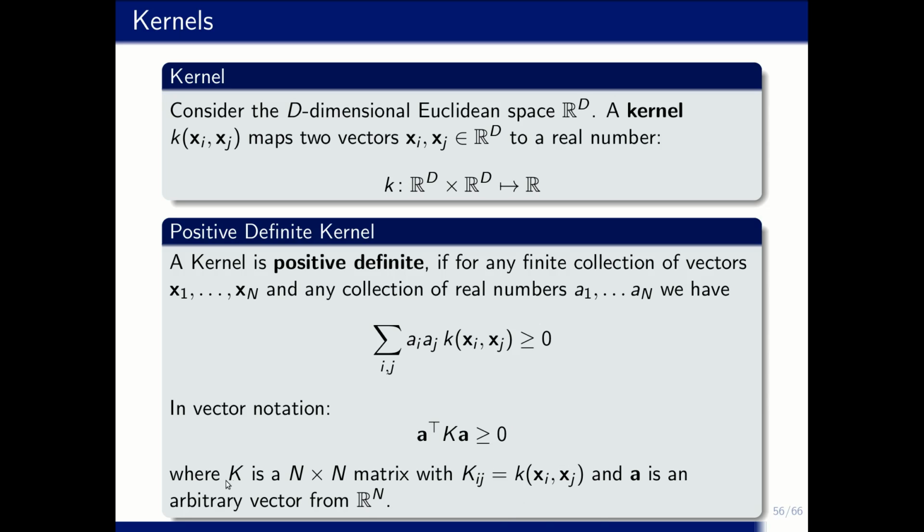So we take this gram matrix, just the kernel evaluations, and an arbitrary vector from R^n, and then positive definite means that this holds: A transpose times K times A is larger or equal to 0. Again, this must hold for any collection of vectors and any choice of an n-dimensional vector A. So A transpose times K times A is larger or equal to 0 for all possible training vectors and all possible vectors A. If this holds, then the kernel is called positive definite.